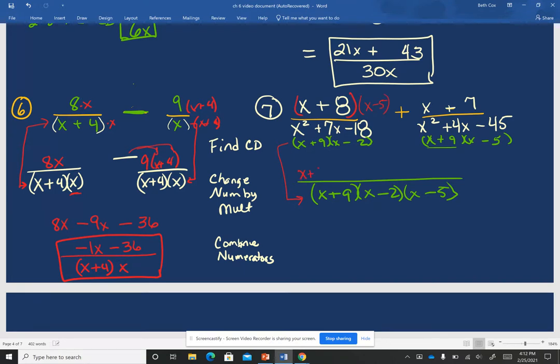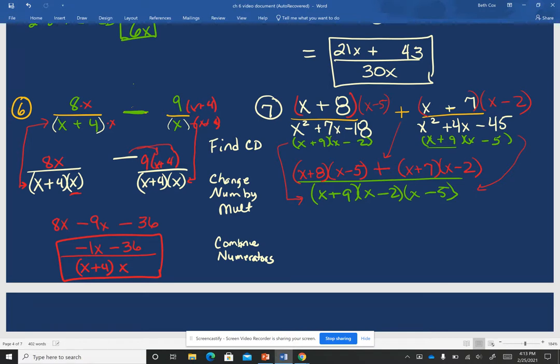So I'm going to do an x plus 8 times x minus 5. All right, now for the second one, I've got an x plus 7. Bring in my plus. And x plus 9, x minus 5. What's missing is the x minus 2. So I'm going to multiply that.